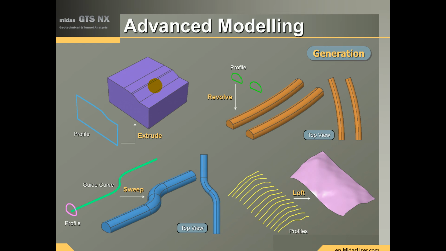For advanced modelling, you can use our vast library of CAD functions. 3D geometry can be easily generated from 2D geometry by operations like extrusion, revolution with respect to an axis, or sweeping with respect to a guide curve.